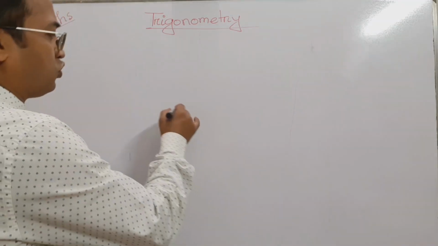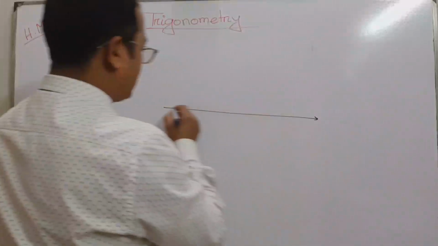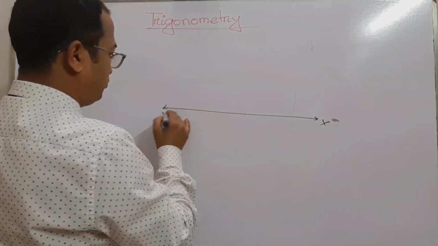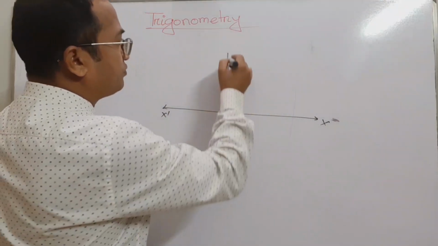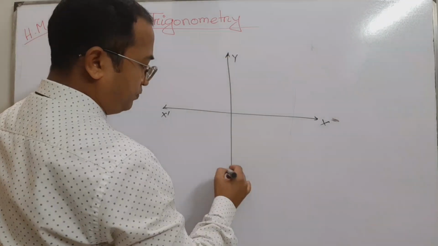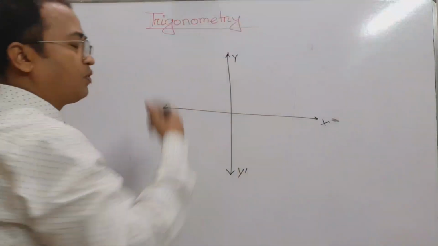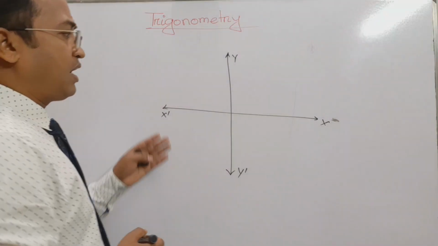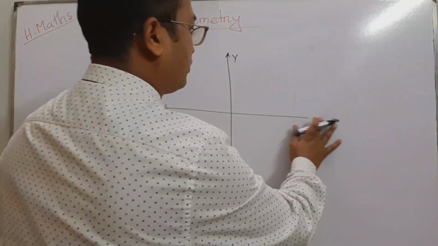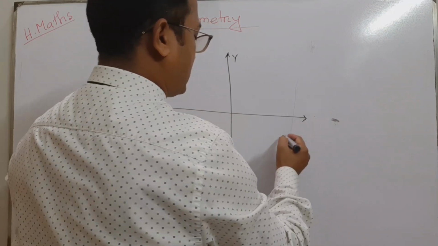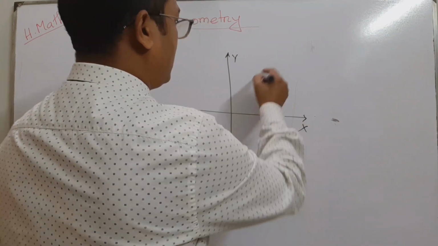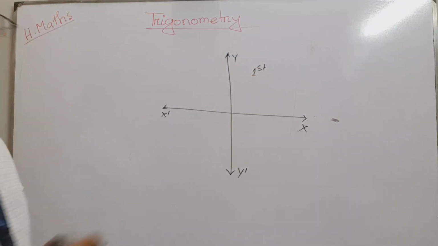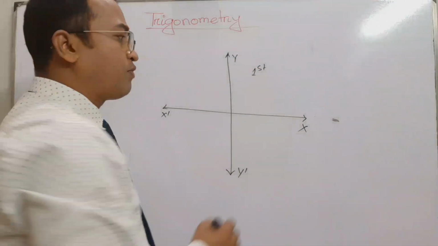Now if we draw two straight lines x x prime and y y prime, this plane will have 4 quadrants. As I have already discussed the quadrants previously. In the first quadrant, all the 6 ratios are positive.